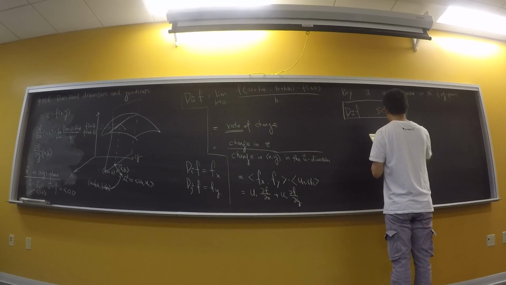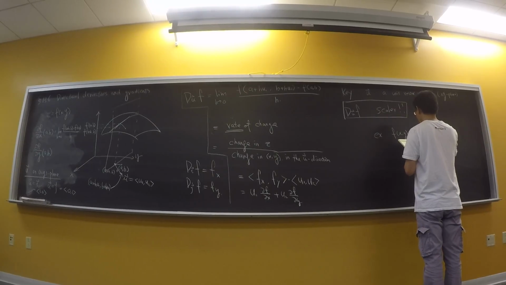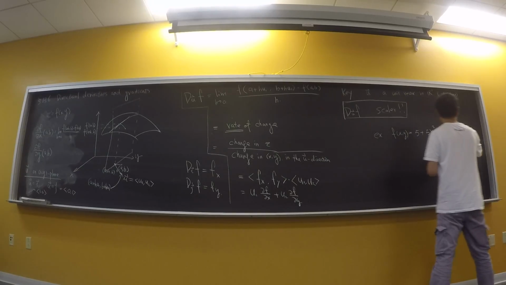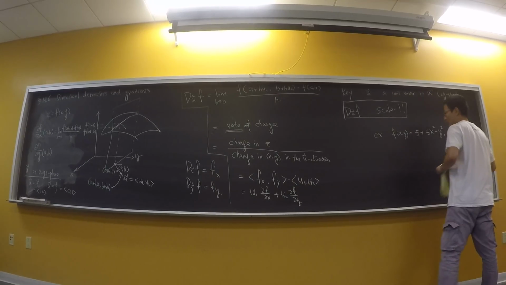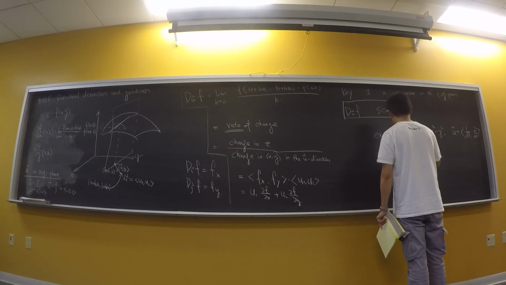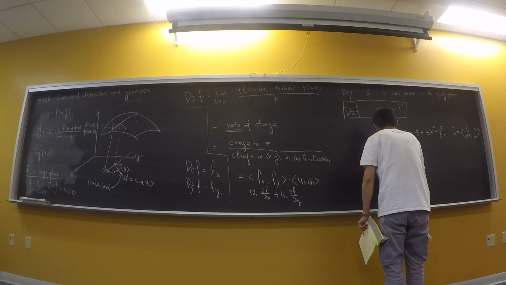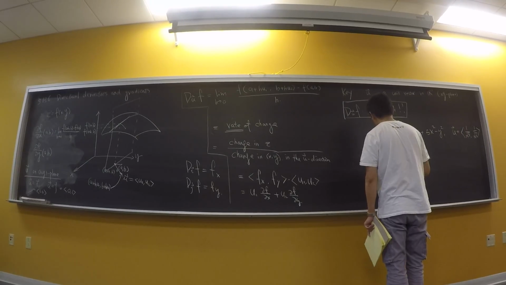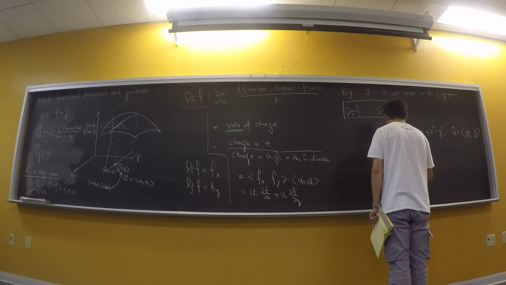So if I have f(x,y) equals 5 plus 5x squared minus y squared, and u is equal to (1 over square root of 2, 1 over square root of 2), I want to compute the directional derivative of f in the direction of u, and also evaluate it at (1, -1).